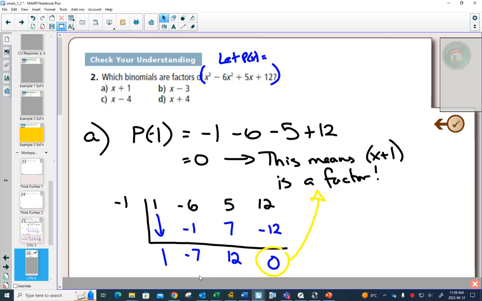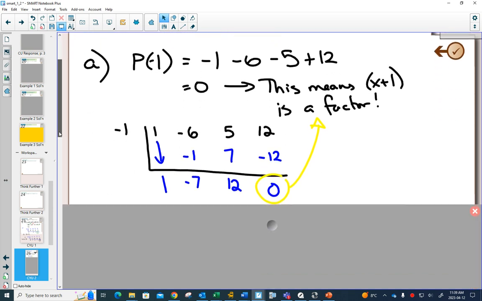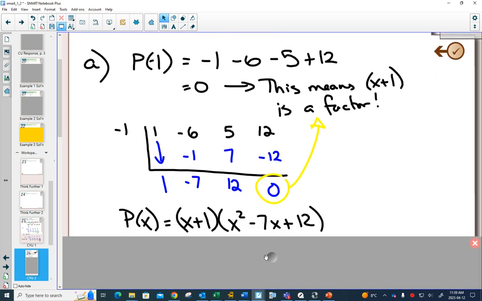The synthetic division sets you up that not only do you find out that it's a factor, but I can write the division statement from the synthetic division. Divisor times quotient plus the remainder, and since the remainder is 0, you don't have to write anything there.